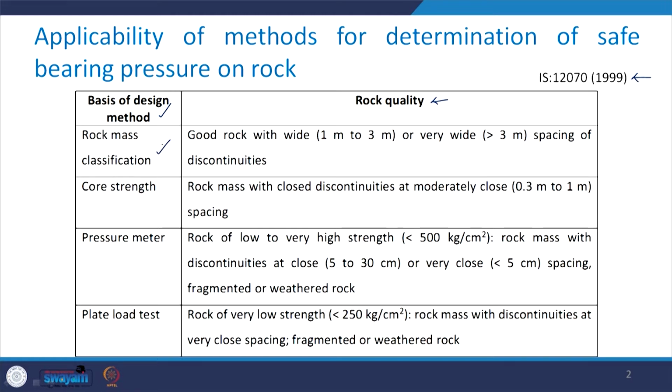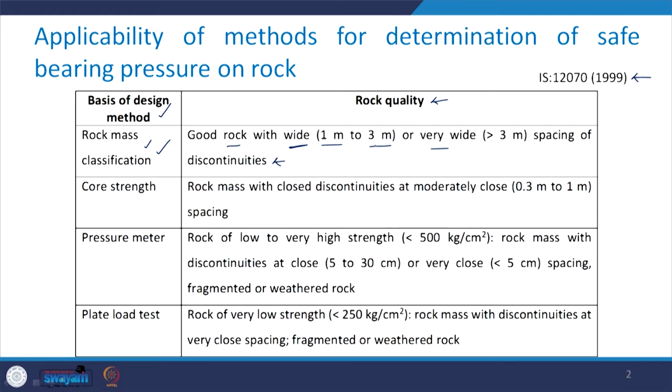In case you have good rock with wide or very wide spacing of the discontinuities, then you can find the safe bearing pressure on rock using the approach based on rock mass classification. Wide spacing of discontinuities may vary between 1 meter to 3 meter, and if the spacing is more than 3 meter, it falls under the category of very wide.